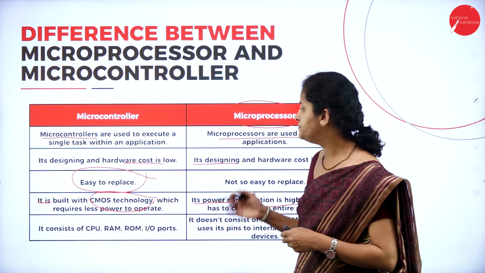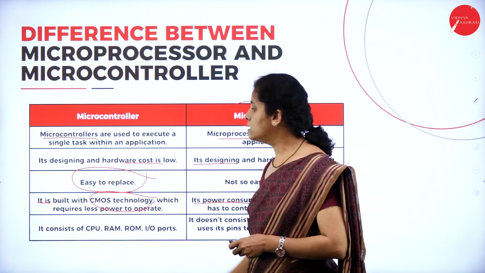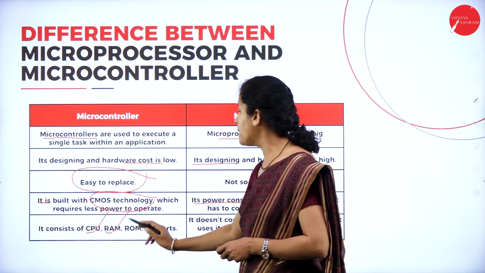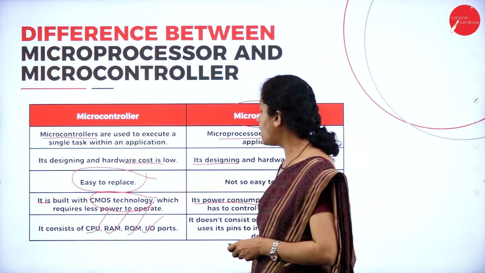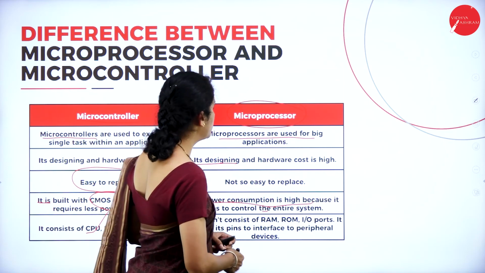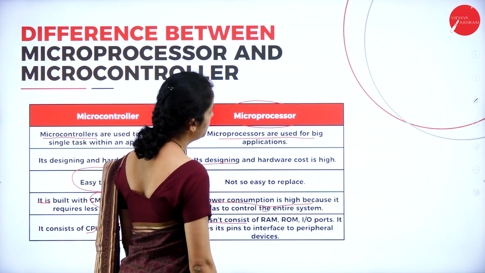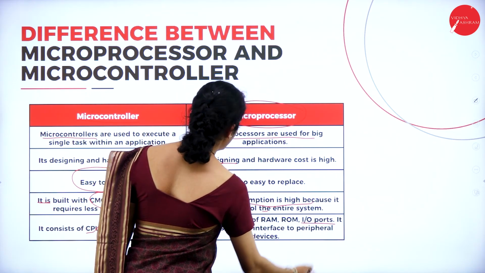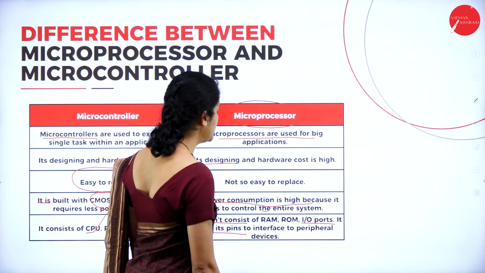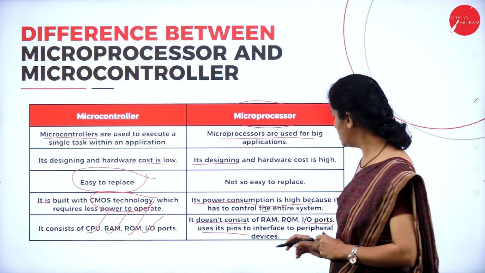Now, a microcontroller includes CPU, RAM, ROM, and input-output ports, whereas the microprocessor does not consist of RAM, ROM, or input-output ports. It uses its pins to interface to peripheral devices. So what is a peripheral device?